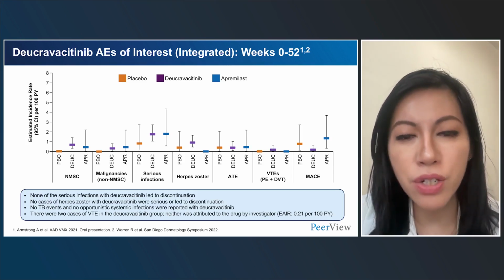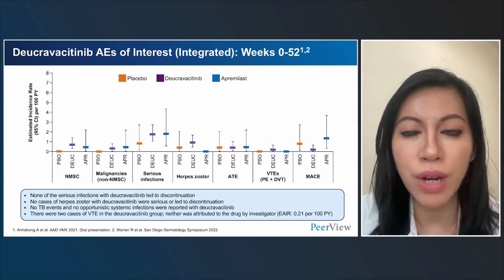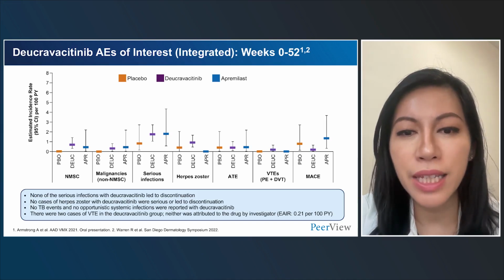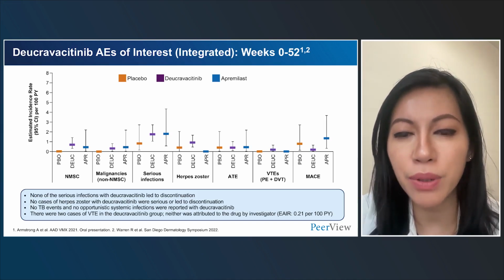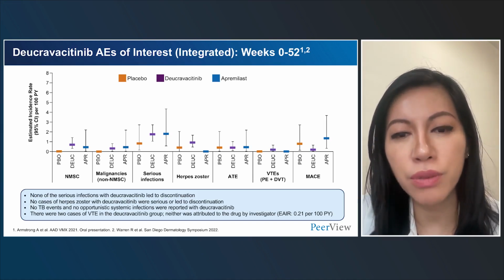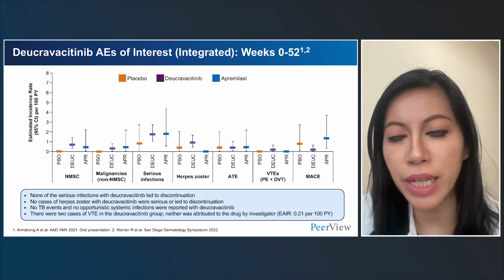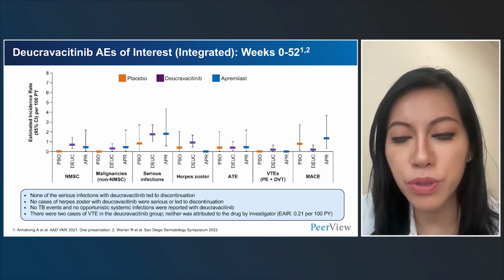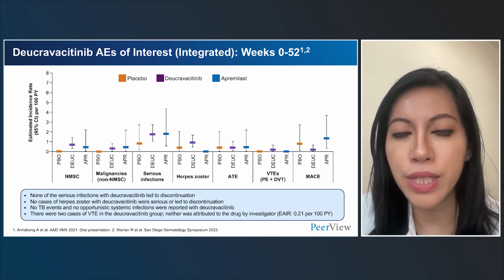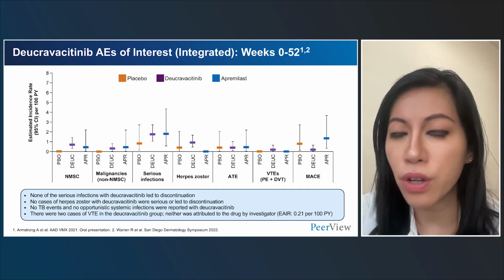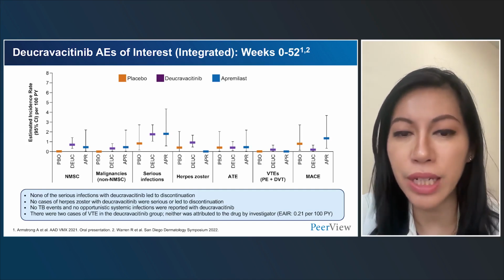The herpes zoster rates were numerically higher in deucravacitinib versus the apremilast or the placebo during the placebo control period. However, long-term, the herpes zoster rates are comparable to patients with moderate to severe plaque psoriasis, and rates were comparable to actually biologic-treated patients.